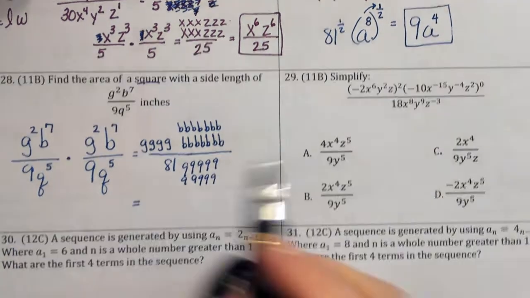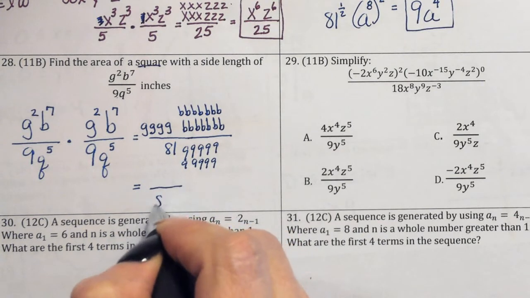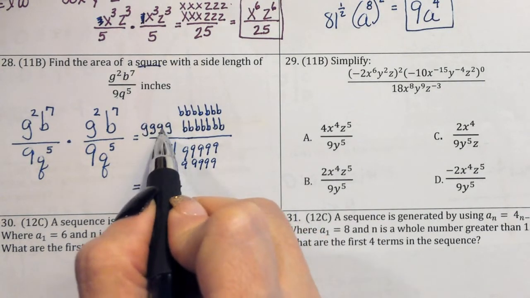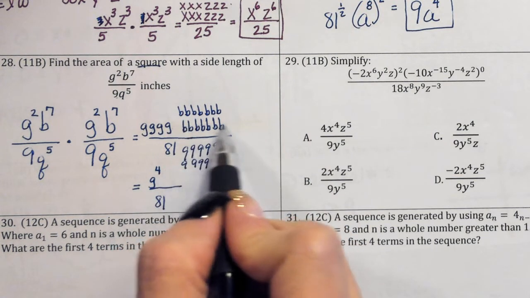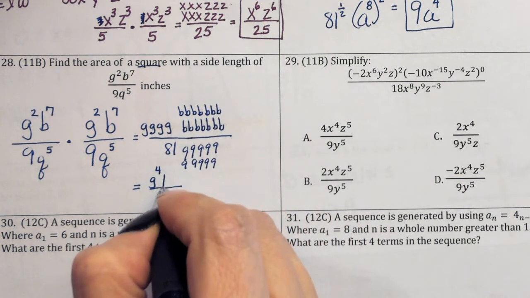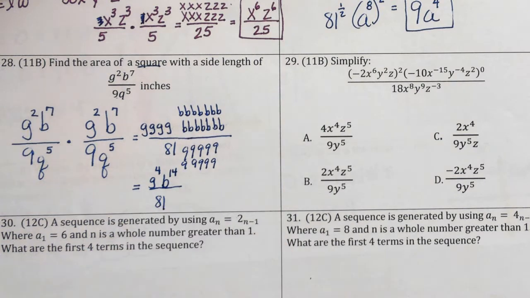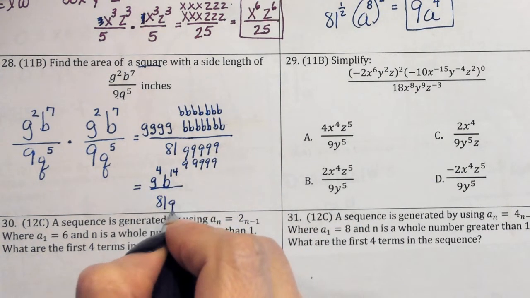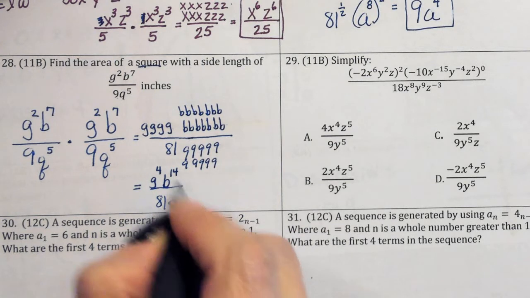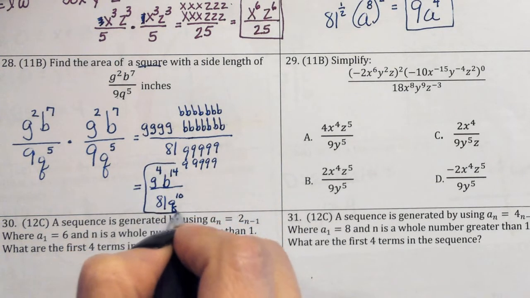Okay, let's count. On the bottom I've got 81. 1, 2, 3, 4 G's, so G to the 4th. 7 and 7 will give me 14 B's. 5 and 5 will give me 10 Q's. And there's my answer.